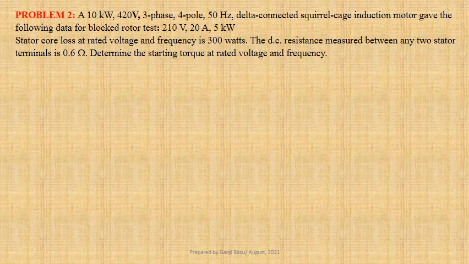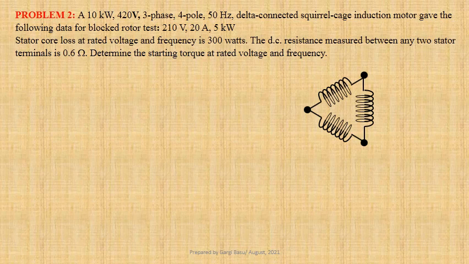A 10 kilowatts 420 volts 3-phase 4-pole 50 Hz delta connected squirrel cage induction motor gave the following data for blocked-rotor test: 210 volts, 20 ampere, 5 kilowatts.